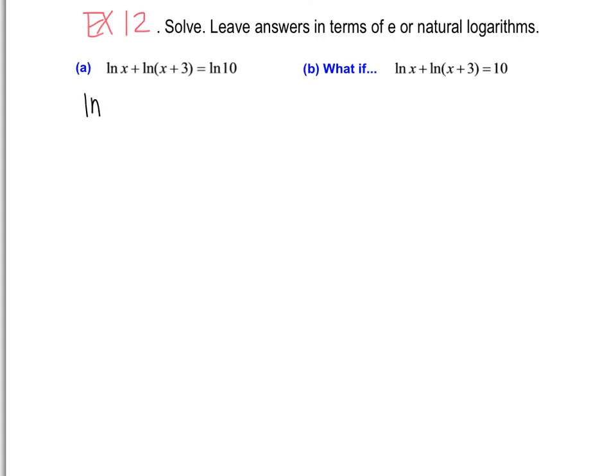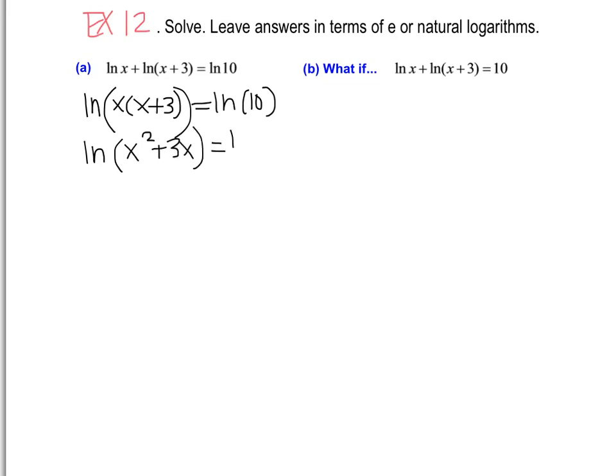So if I condense the left-hand side to a single log, that addition becomes multiplication. Same as before. I'm not doing anything different from earlier in the chapter. So that's the natural log of x squared plus 3x equals the natural log of 10. Well, if we're saying those two natural logs are equal, this log is that log, well then what's inside here has to be equal as well. So we set x squared plus 3x equal to 10.